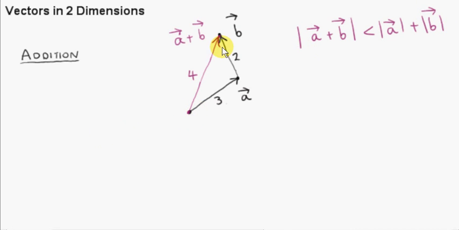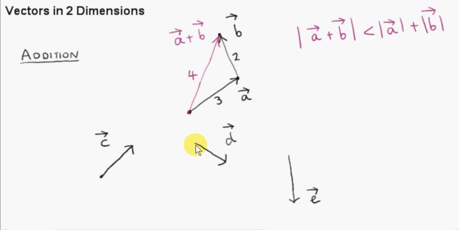Now we could consider the sum of more than two vectors. We could have, say, 3 or more vectors. Let's suppose that this is one of the vectors. Let's suppose here is another vector. And finally, let's look at this one here. Suppose that we want to get the sum of these three vectors. I'll call this vector C, I'll call this one D, and this one E. Now, we saw before that we can move a vector parallel to itself.